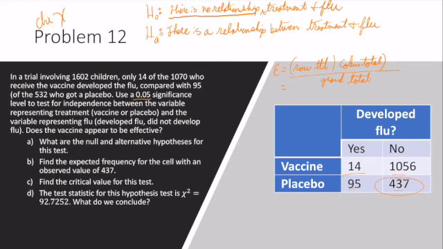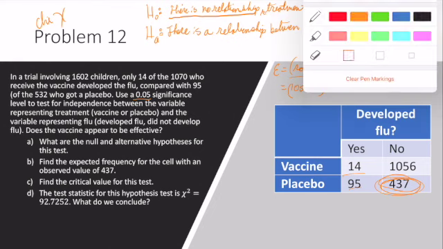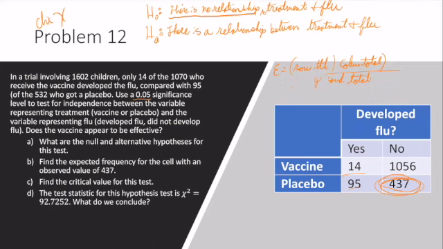So that's going to be 1,056 plus 14 times, so I'm trying to find it. Oh, for the observed value of 437. Oops, I made a mathematical mistake in the homework key. So let me write this out for us, and I'm pretty sure you guys can figure it out on your own. So it's over my grand total.